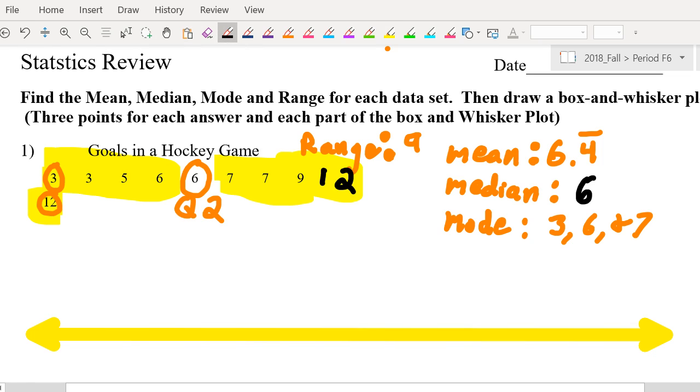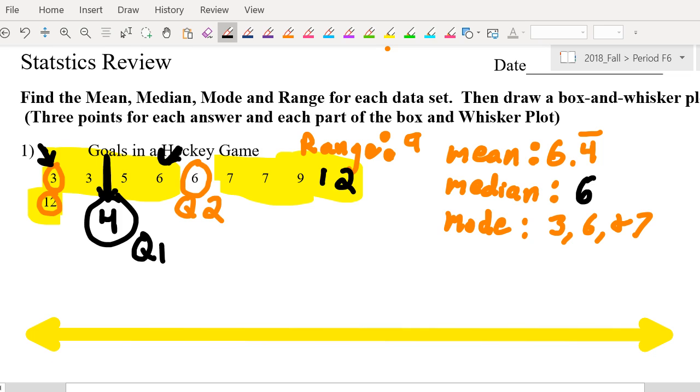Well, no, we're going to find our Q1. How do we find our Q1? The first step, you find the median between this number and this number. So what is it? It's 4. How did you get that? It's the one halfway in between 3 and 5, so the answer is 4. So our Q1 is 4.